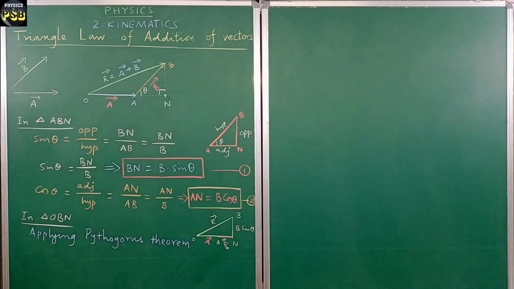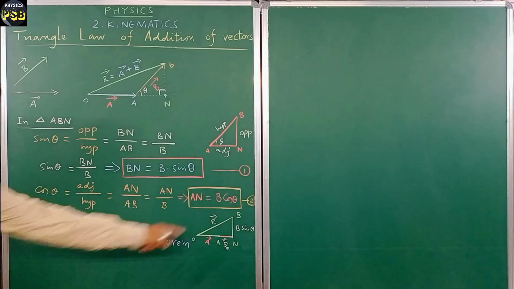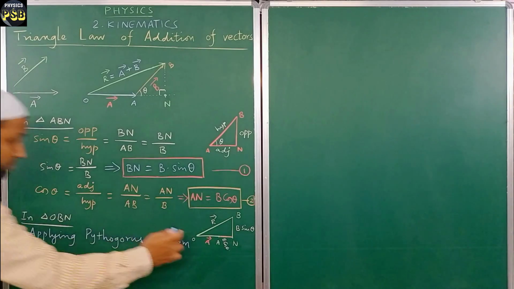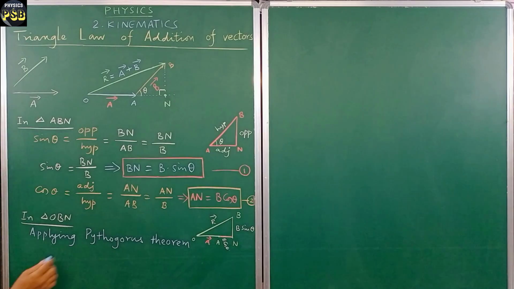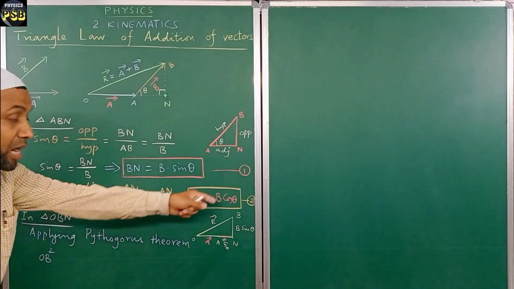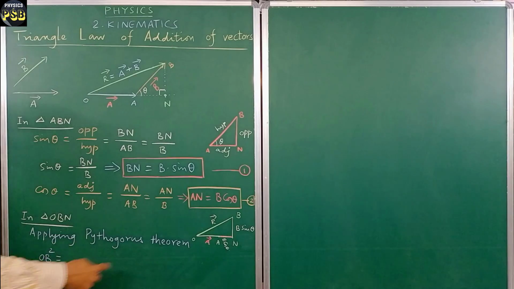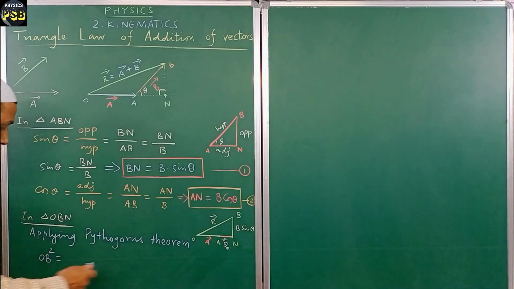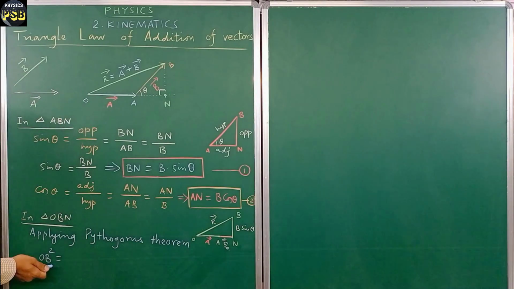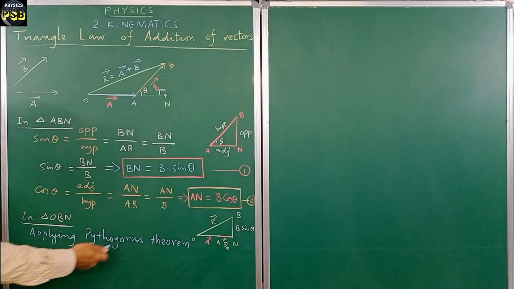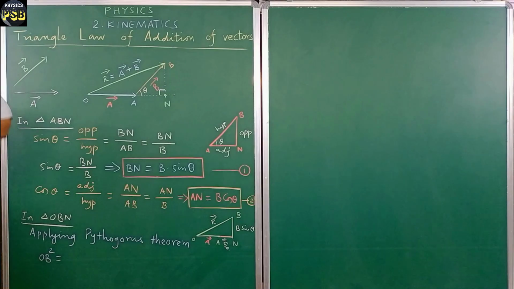Let's see what we get. What does the Pythagoras theorem say? The square of the hypotenuse is equal to the sum of the squares of the remaining sides.